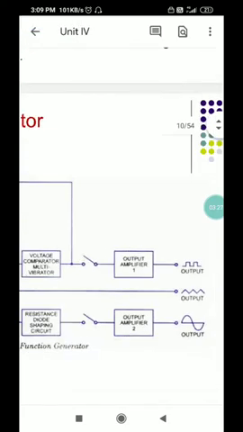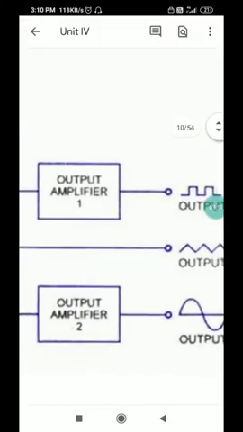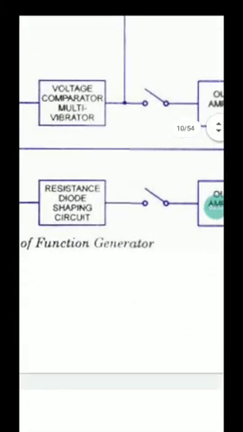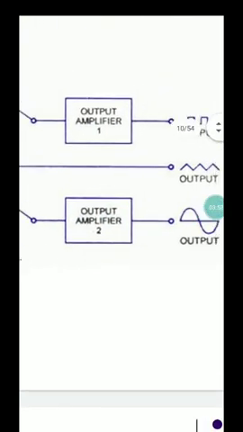There is no block. So the output of integrator has three connections: one to a multivibrator, second goes as it is, and third to a diode shaping network. So after this voltage comparator or a multivibrator, we have got an output amplifier, and after this resistor diode shaping also we have got an output amplifier.